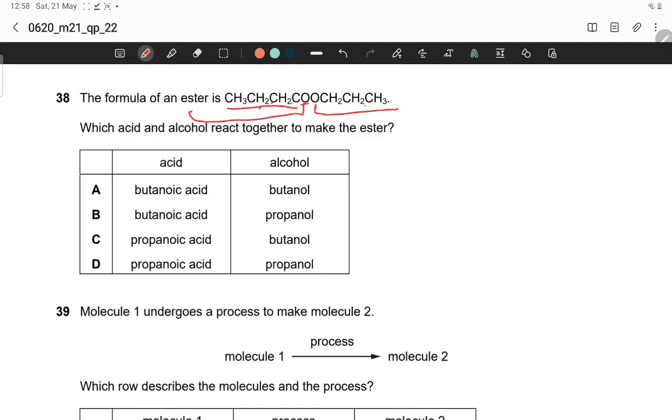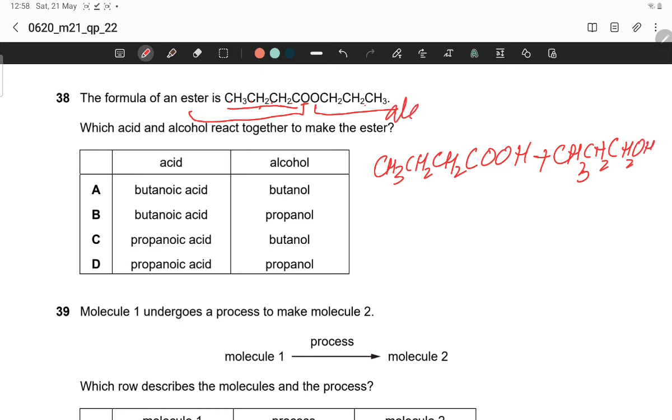So 1, 2, 3, 4: butanoic acid, CH3CH2CH2COOH, plus CH3CH2CH2OH. This is the alcohol part and this is the carboxylic acid part.